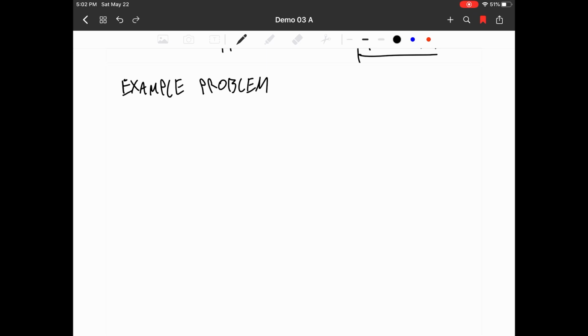Okay, so let's say the utility function looks like this. We have u is equal to 8 q1, let's write this as little q, to the 1/2 power, plus q2. So this is not a Cobb-Douglas.